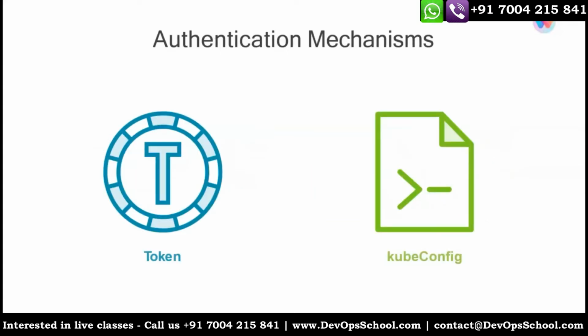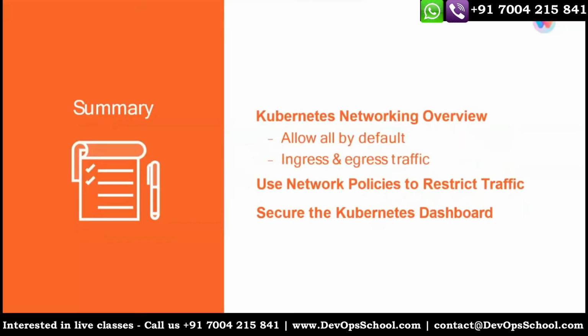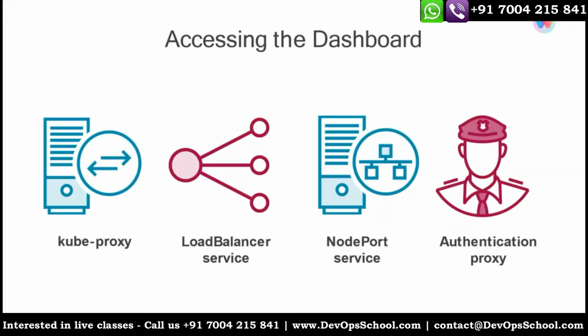How do we log in to this dashboard? These are the 2 ways: one is a token, and another one is kubeconfig. Make sure that the dashboard is not exposed to everyone. So if you're using node port service, primarily you will work with the firewall of the node and the physical network nodes, which you can say is the cloud network also, and get it done.